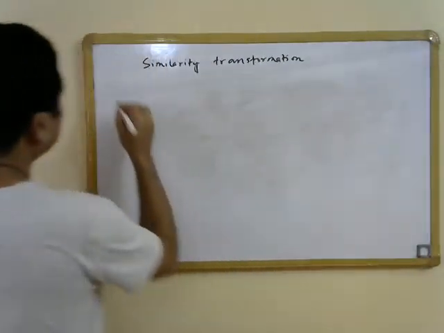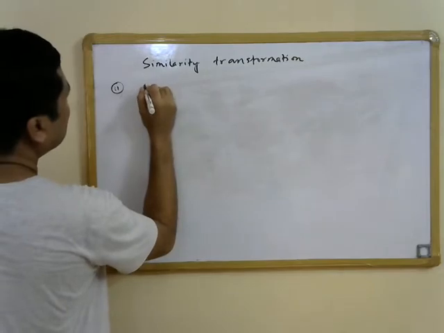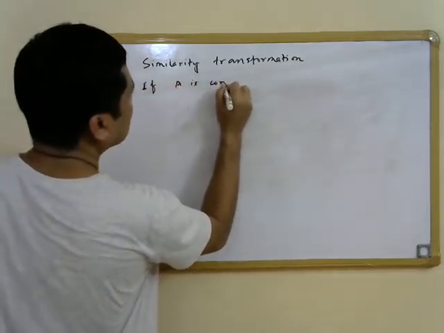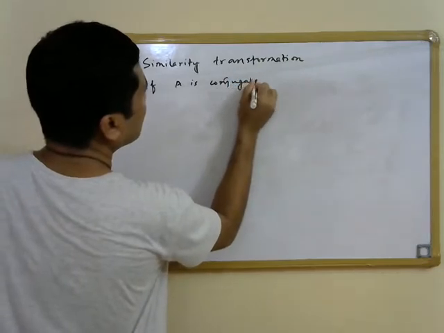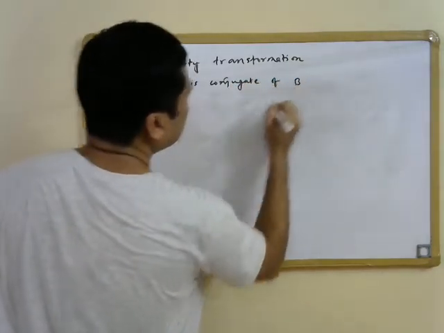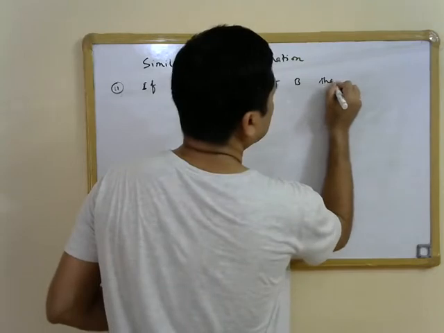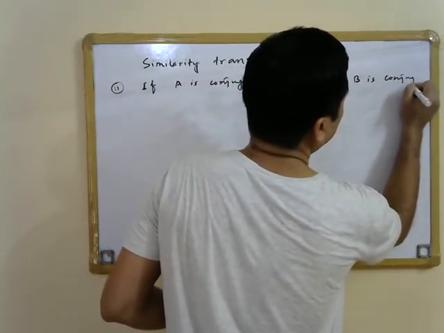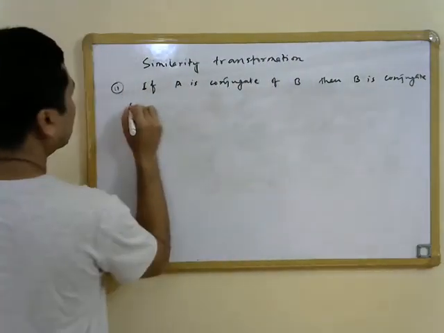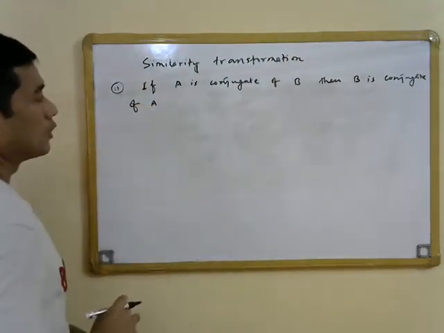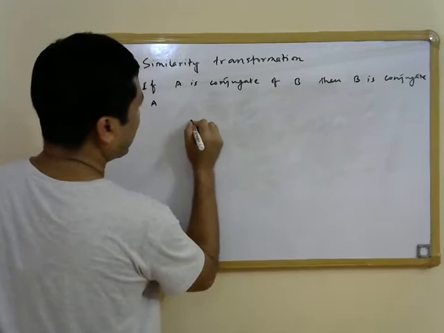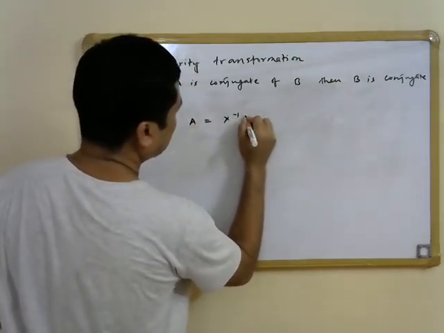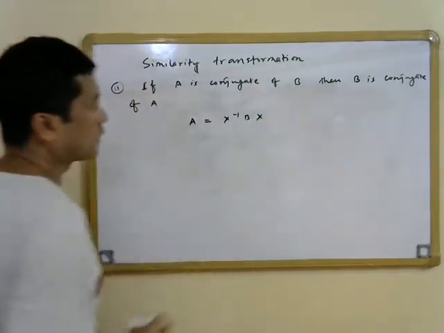So the second expression says that if A is conjugate of B, then B is conjugate of A. So that means when A is conjugate of B, A is equal to X inverse BX.